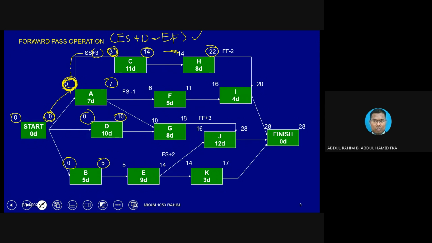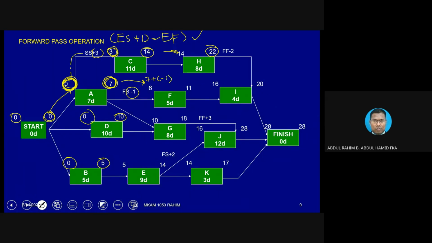Okay, let's go into F. How do we calculate the ES for F? Okay, F is coming from A. So A is basically this value, 7, will be transferred here, but then there is -1. So remember the formula always for the forward pass, 7 plus -1.